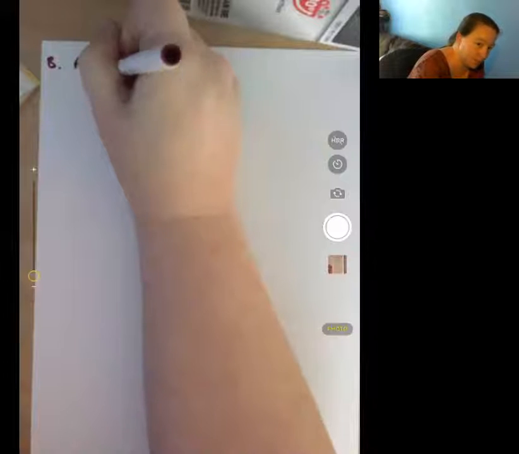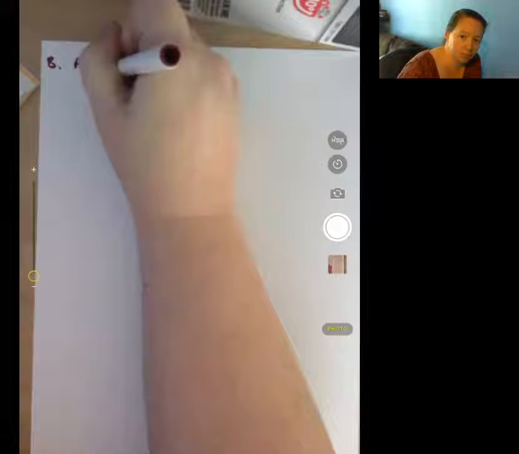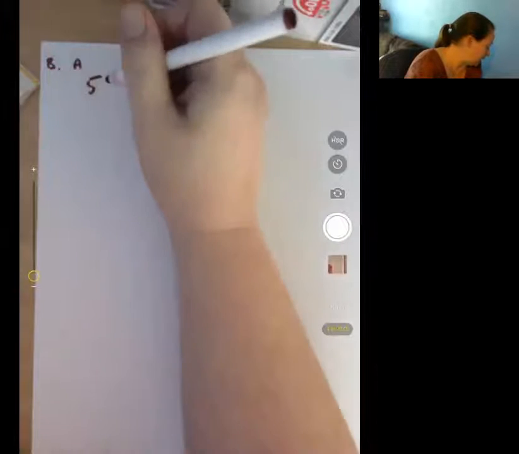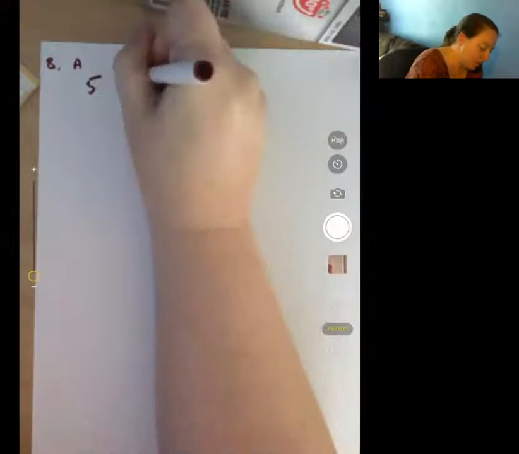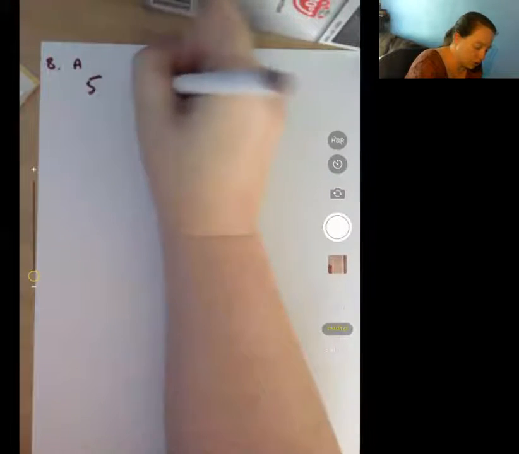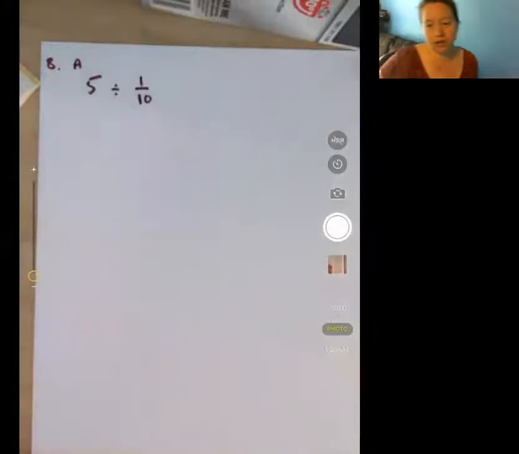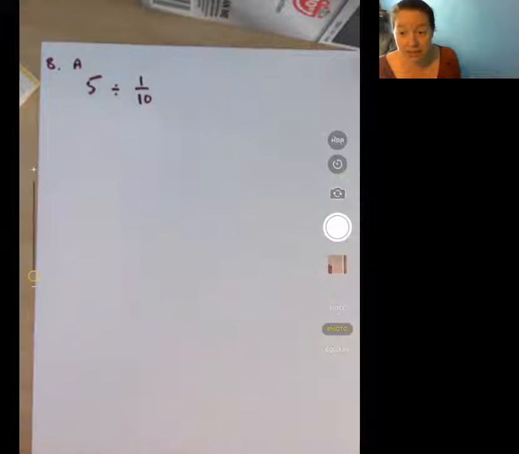So we are going 5 meters, and it is 1/10 meters per second. So that is a division problem. How many seconds? That's what we're looking for.